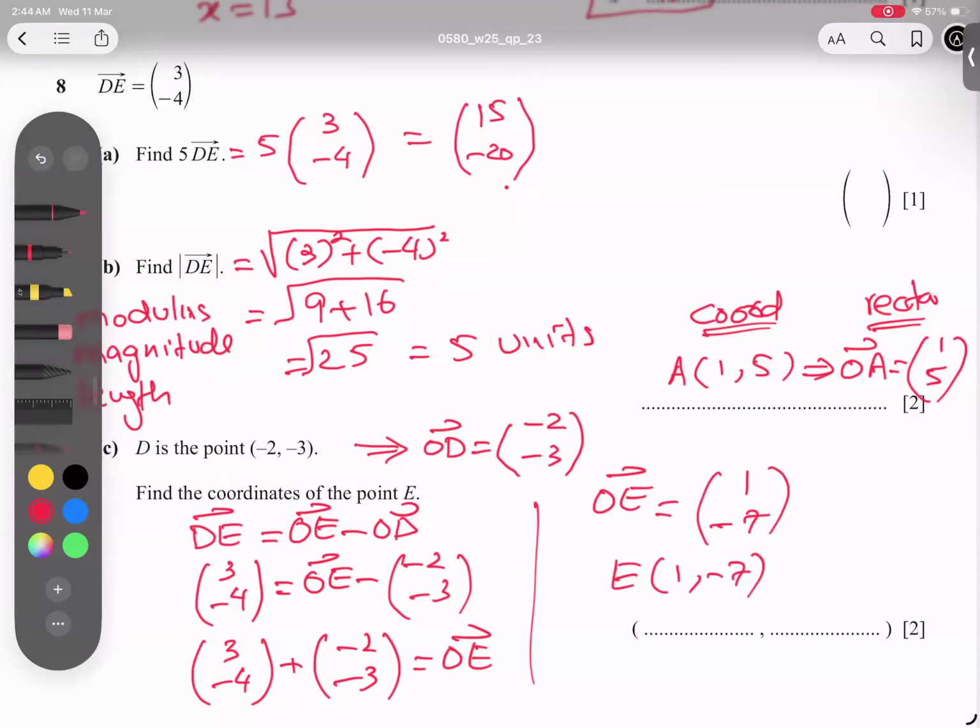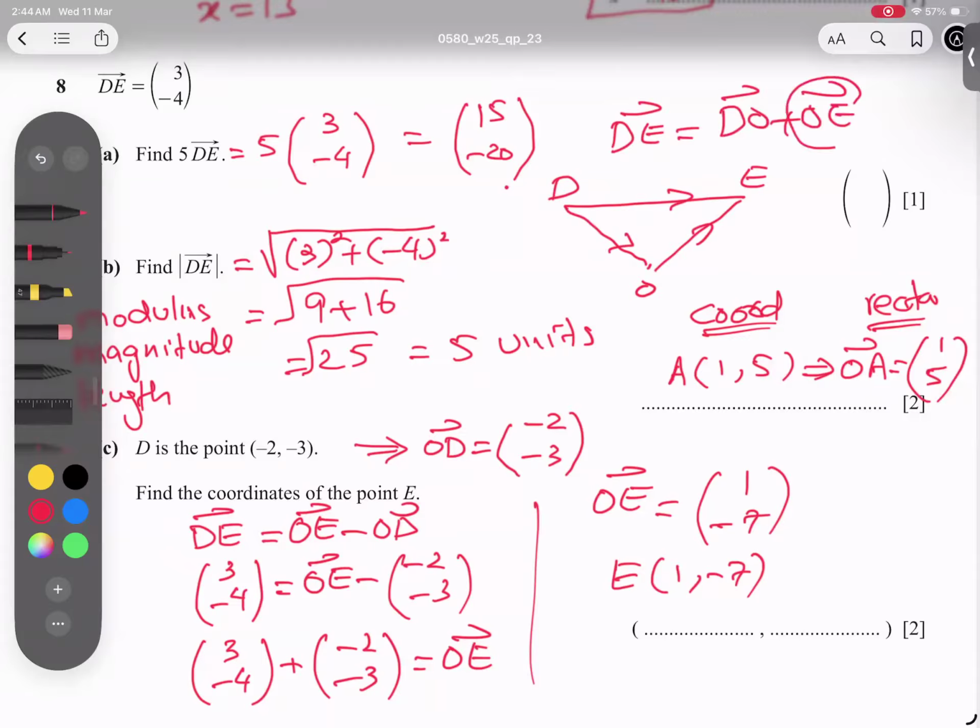But the interesting part, if you're not happy with this way, we have another way. What is that? D to E, starting from D, ending at E. In the middle, let's say D is here, E is here, and in the middle I have the letter O. So D to O and O to E. I can write DO plus OE. The problem is OE, I have to find it, so leave it.